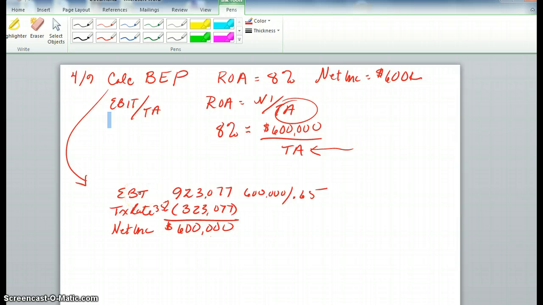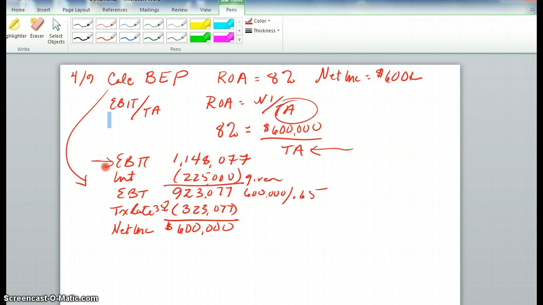So we have earnings before taxes, and then we have been given the interest of 225,000. When we subtract interest from EBIT, we get EBT, so we can just add these two together. We can add 225 and 923,077, and that will give us EBIT. So we work our way back up the income statement to solve for EBIT.